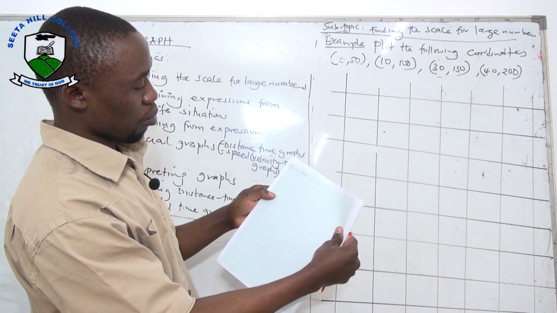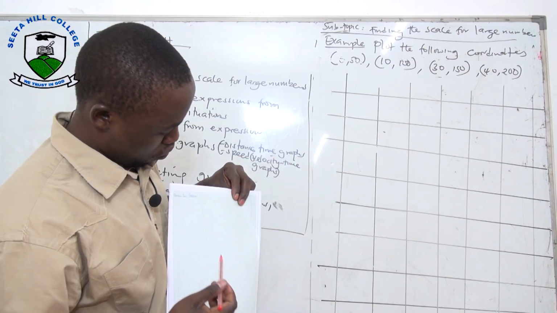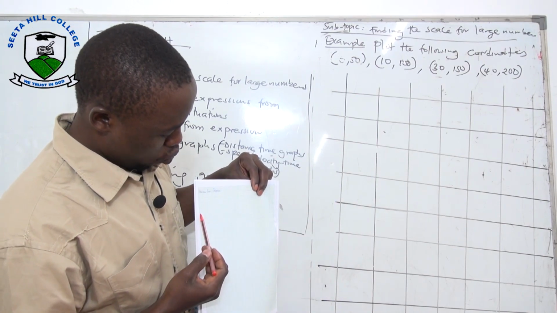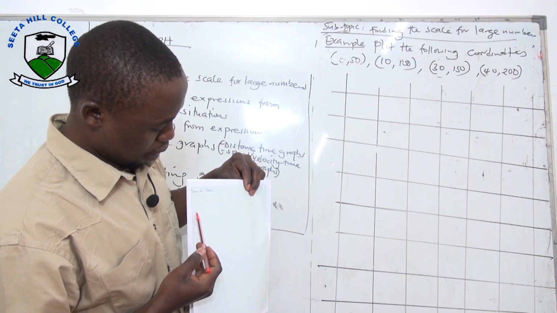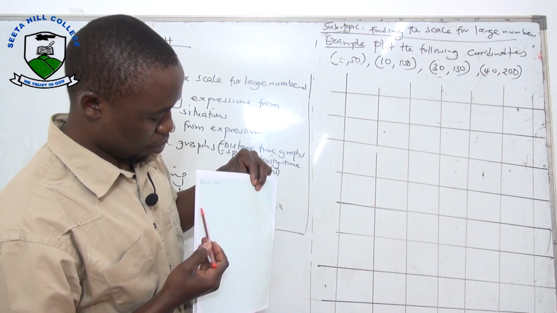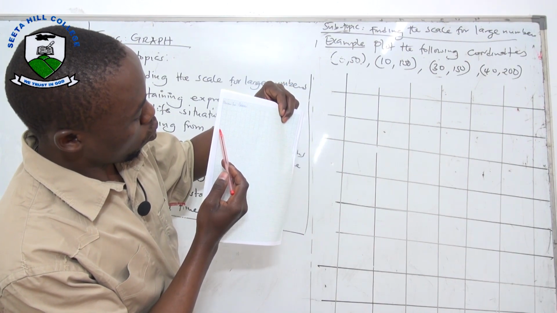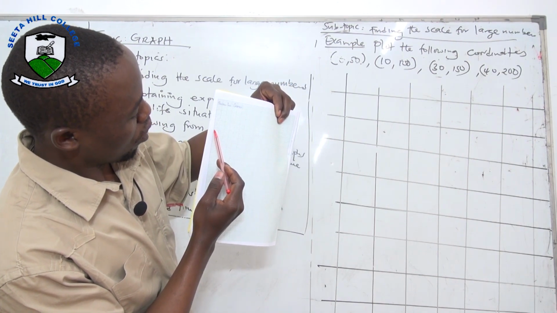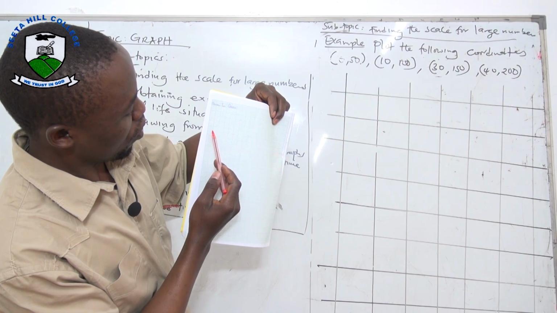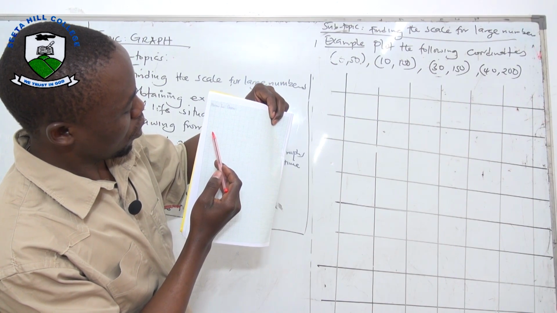Now, in your graph, within 1 centimeter to another centimeter, you have 5 small squares. That means you'll count 1, 2, 3, 4, and 5 on the borderline.